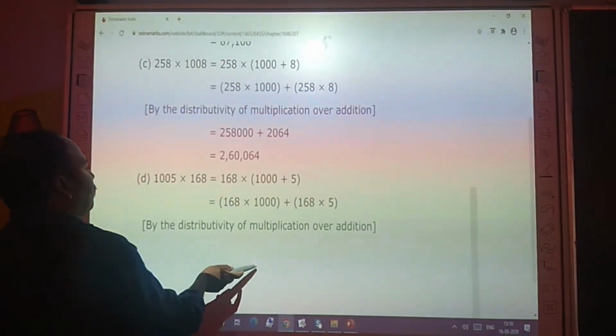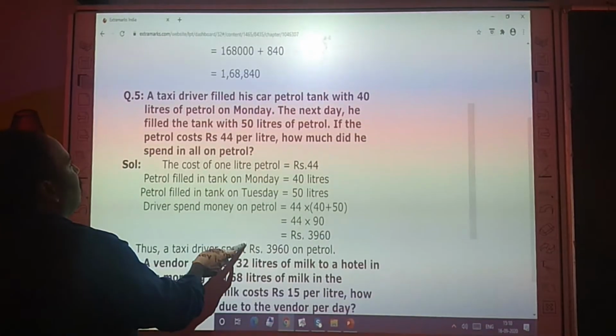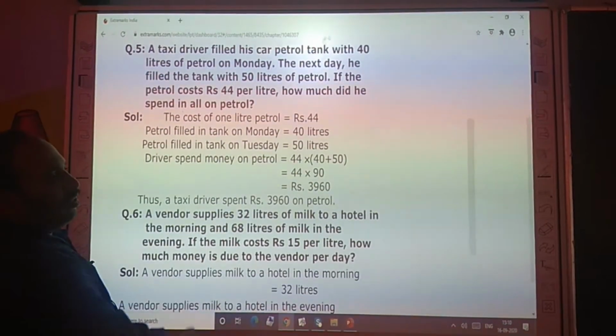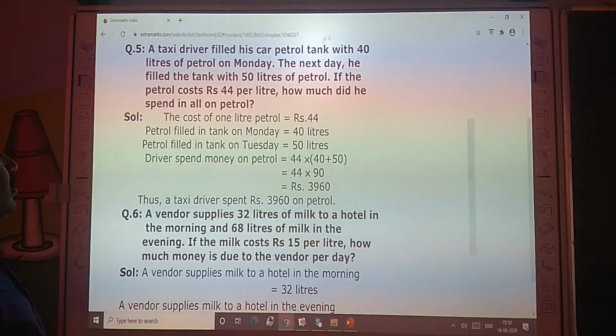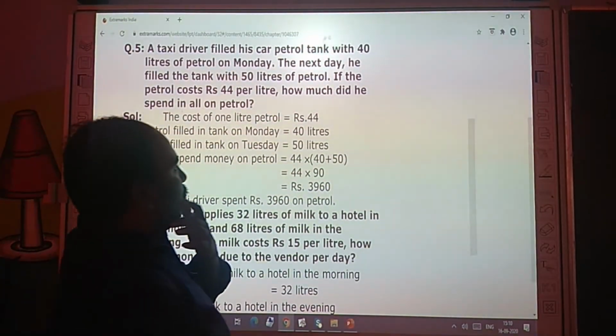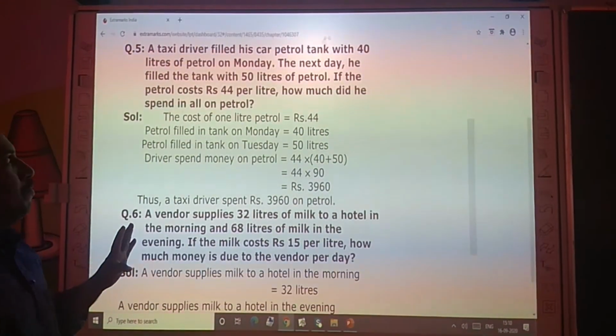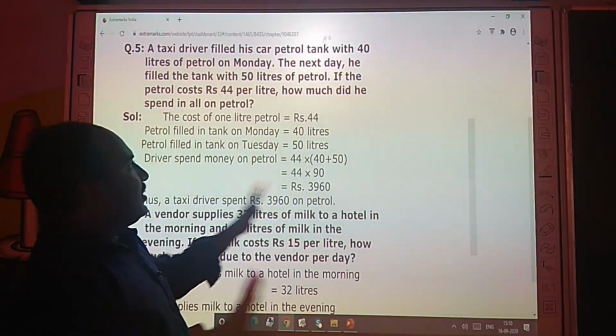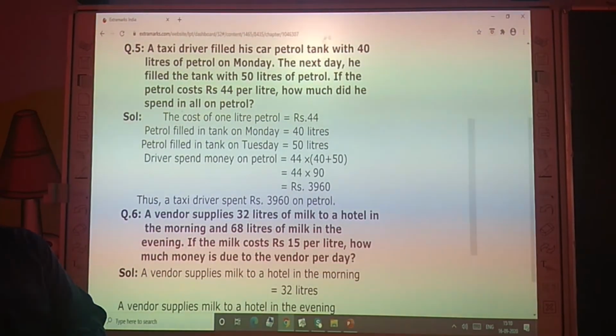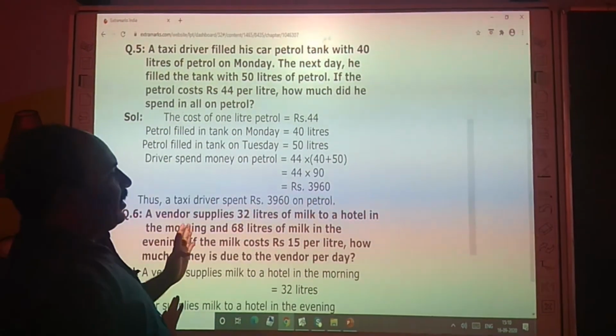The next one. Question number 5. A taxi driver filled his car petrol tank with 40 liters on Monday, and the next day he filled 50 liters. So 40 plus 50 is equal to 90.